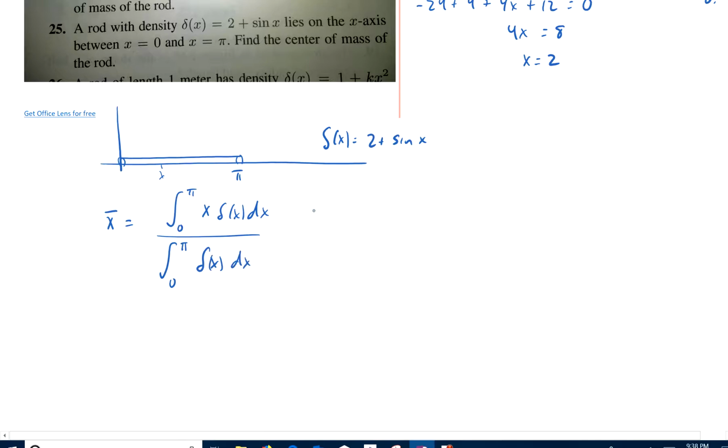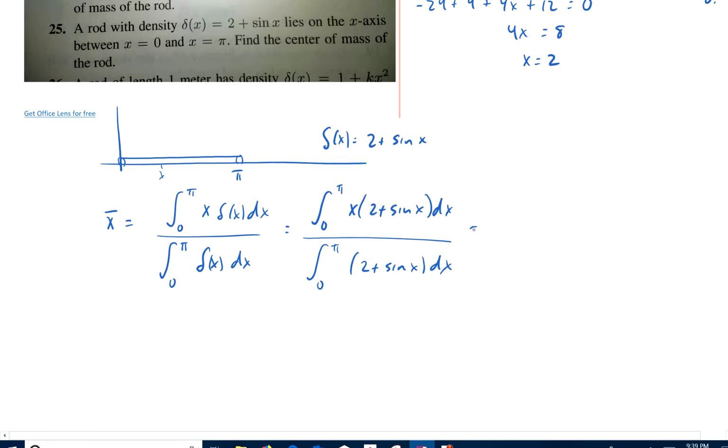These are the sum of the moments of all the slices over the sum of the masses, all the slices of masses, and then we integrated to sum them up as the thickness goes to 0. So if we go ahead and do this, x times 2 plus sine of x over the integral from 0 to pi of 2 plus sine of x dx.